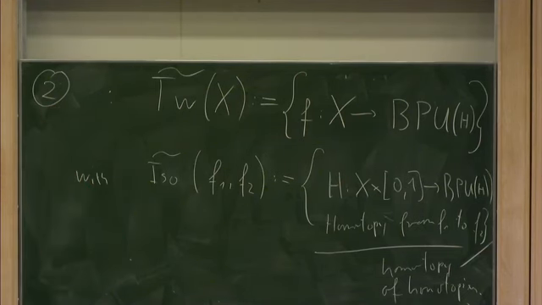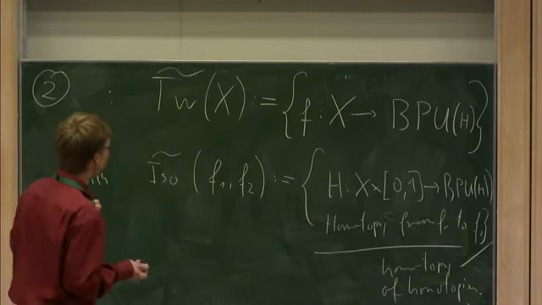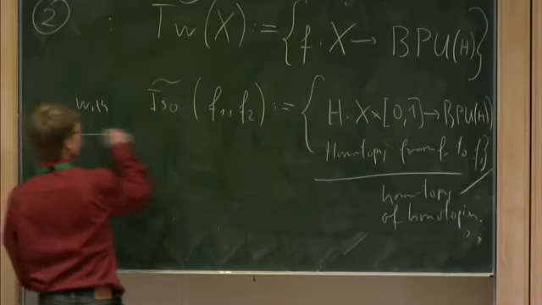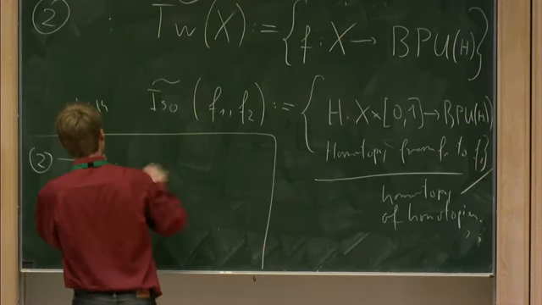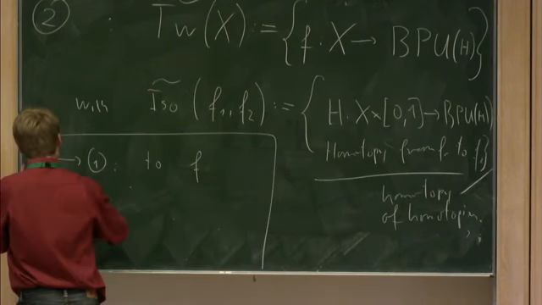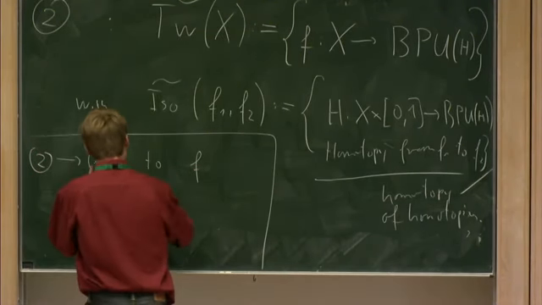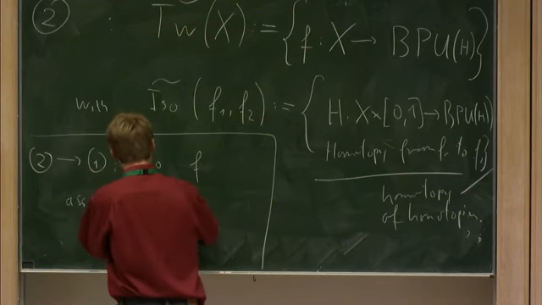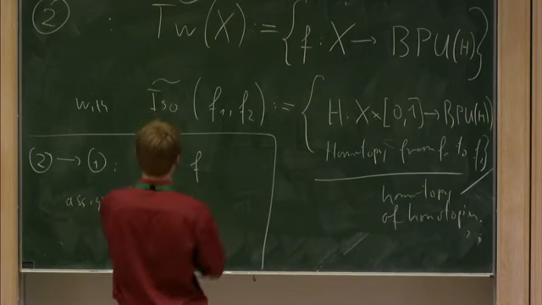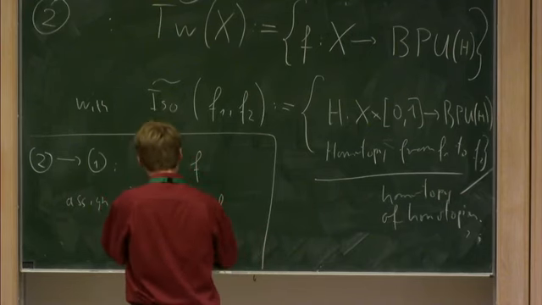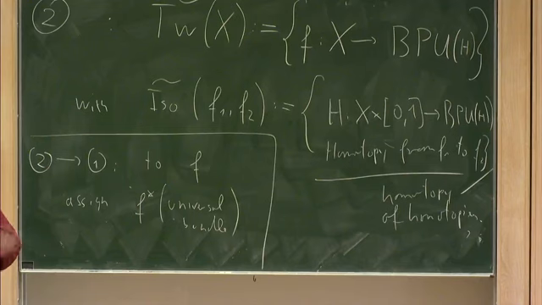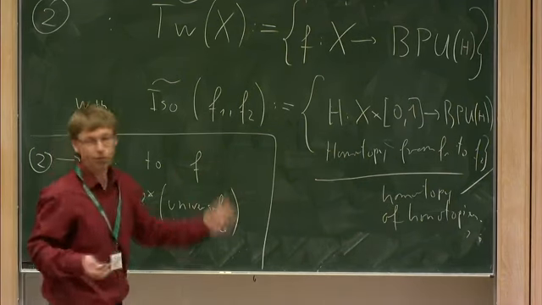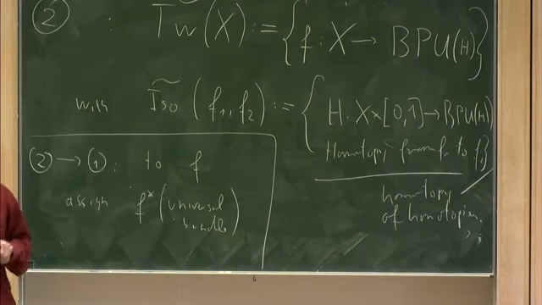Okay, so two ways to define twists, and you can also see that we can go from 2 to 1. To F, assign the pullback of the universal bundle. This is a classifying space, so I have the universal bundle of the kind we are interested in above it, and we can just pull back this universal bundle with our map F to get a concrete element in the other twist.